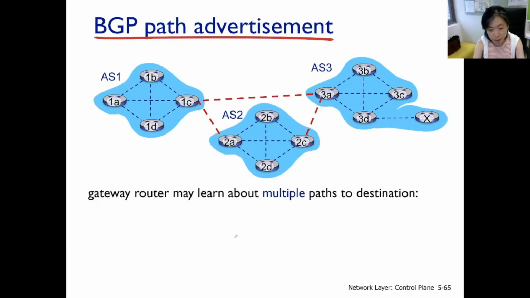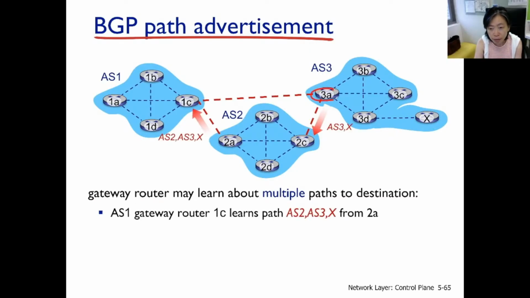Right? The second example is a bit more realistic. So 3A here, the gateway router of AS3, might have multiple eBGP connections to the outside. So in that case, a gateway router might learn multiple paths to a destination in AS3. Let's see. One of the paths is this, right?